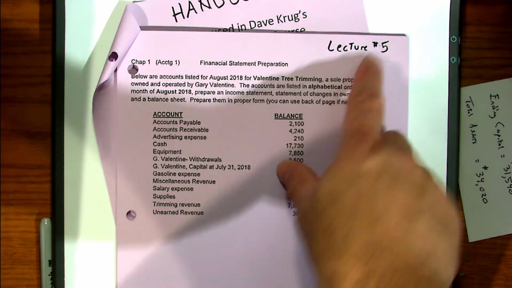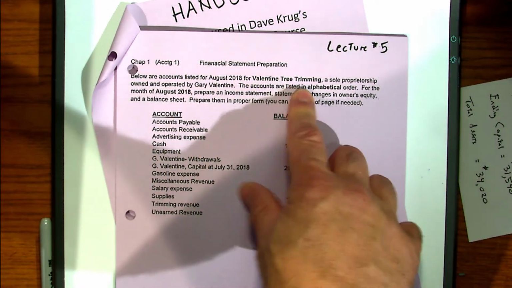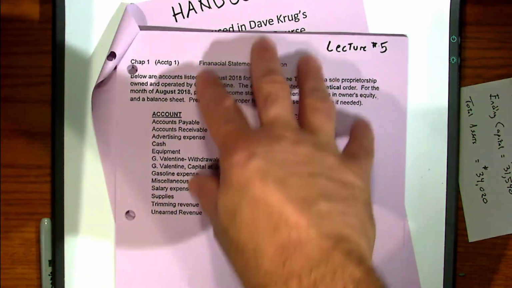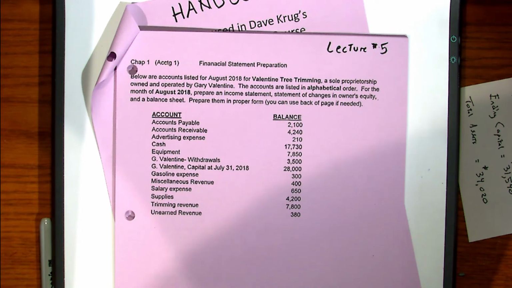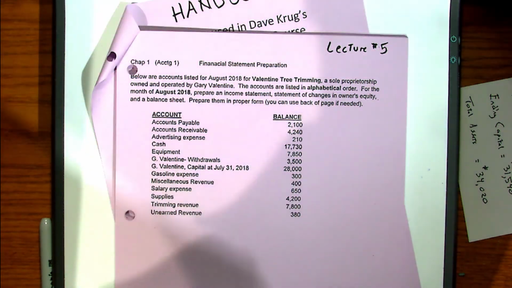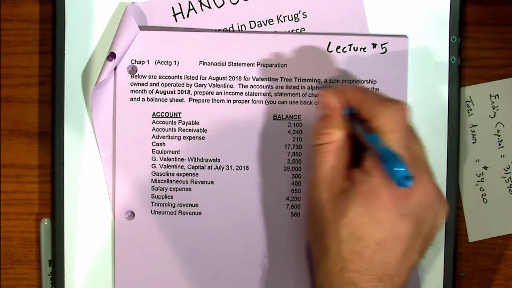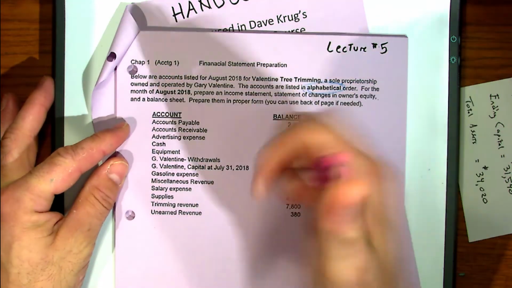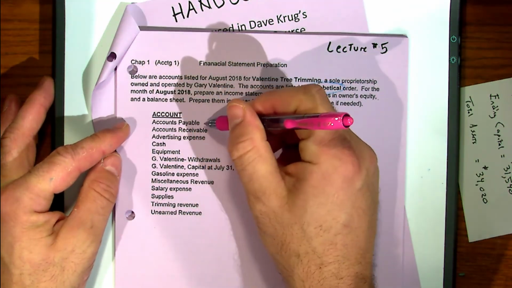But if you look in your handouts, you're going to see lecture 5, the Valentine tree trimming handout. They want you to prepare the financial statements. Now, I have listed the accounts not by financial statement, but in alphabetical order. So the first thing that you should do, folks, is go through these. What financial statement does accounts payable go on?